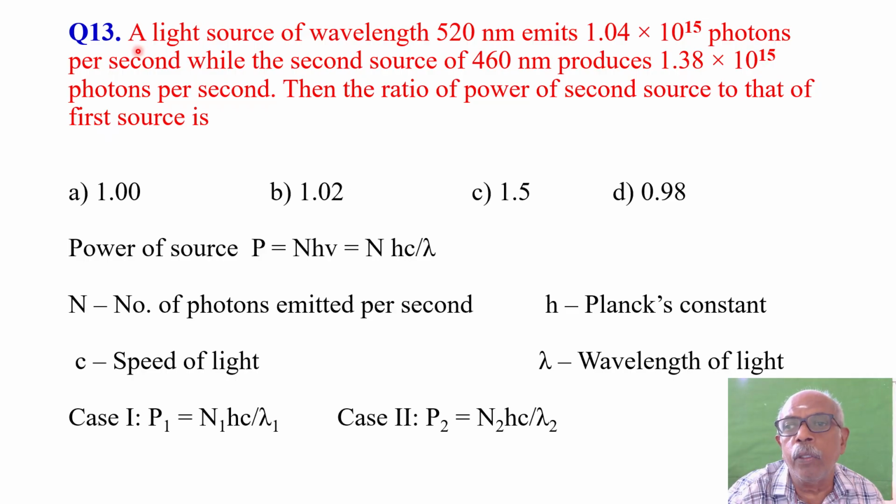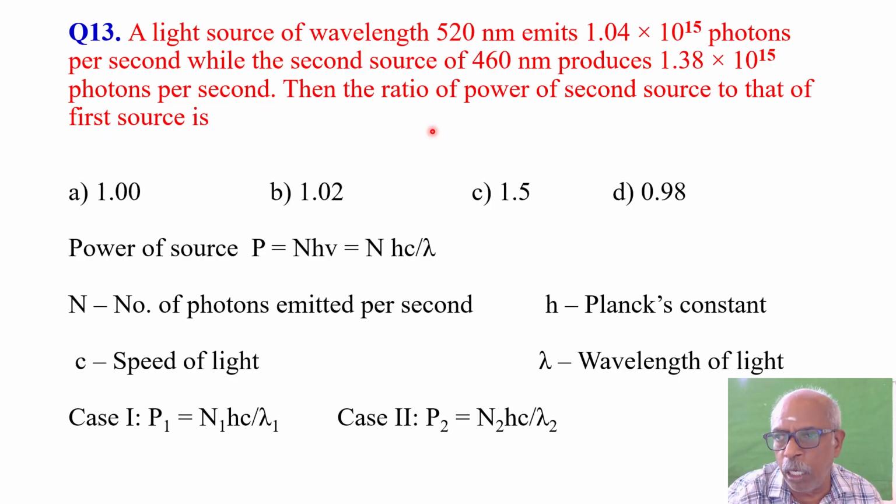A light source of wavelength 520 nanometer emits 1.04 into 10 power plus 15 photons per second, while the second source of 460 nanometer produces 1.38 into 10 power plus 15 photons per second.